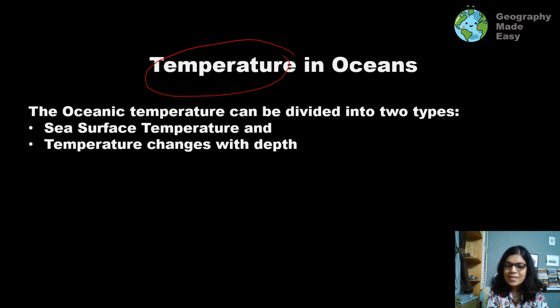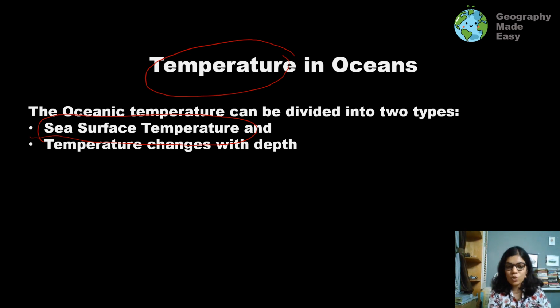And in this case, as we are talking about seas and oceans, we look at the temperature of the sea or the ocean. So there are two ways in which temperature can be measured: the sea surface temperature, which is the temperature on the surface of the sea, and the temperature changes with depth.